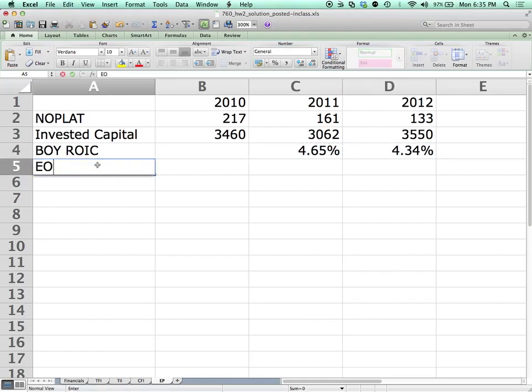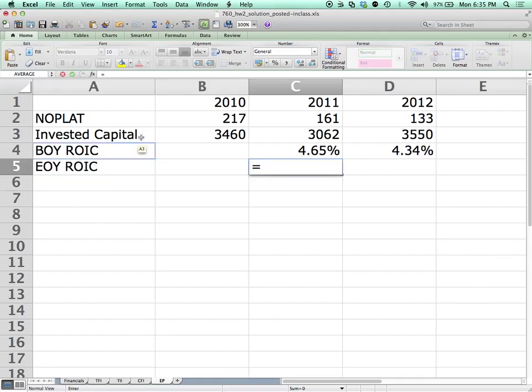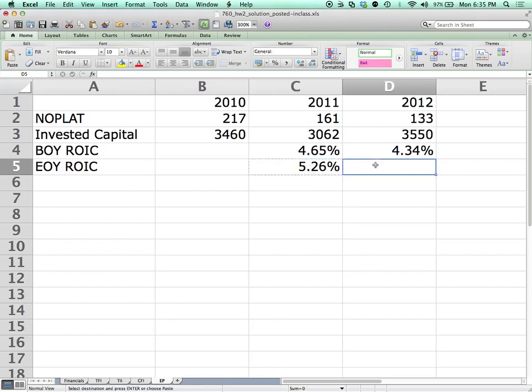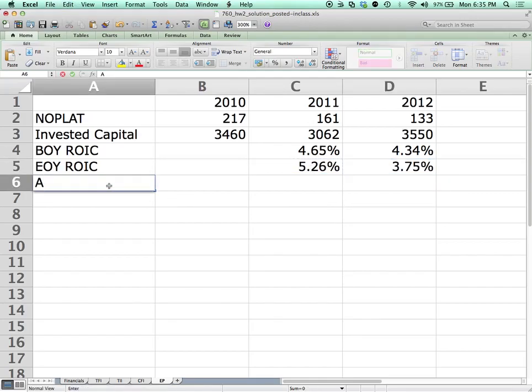As opposed to the end of year ROIC, which would be the current year's NOPLAT divided by the current year invested capital. All right, so notice that those are different numbers. Matter of fact, what some people do is they'll do an average ROIC.